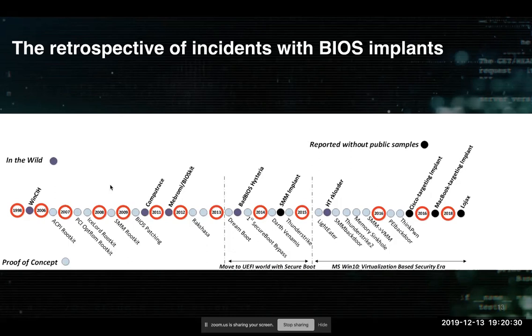We can see a lot of research happening over time, but also very rare incidents with real malware implants tied to the firmware. And mostly it's because we don't have the tools and knowledge to catch it.